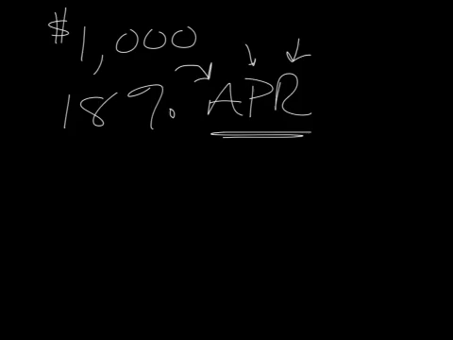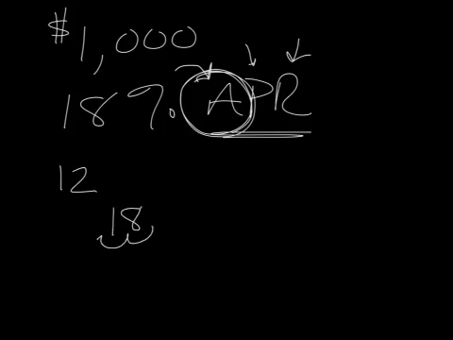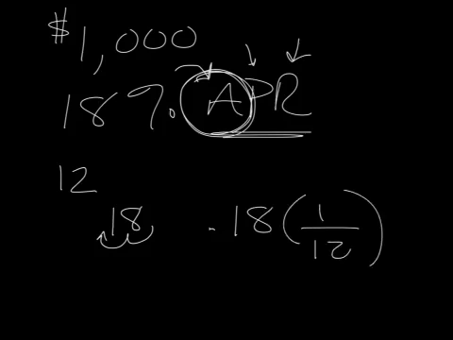If 18% is the annual, the yearly rate, you have to know how many months there are in a year. And there are 12 months in a year. So the way your book does it is it goes ahead and changes the percentages to decimals. So instead of 18, we move our decimal 2 places to the left and we use 0.18 and we multiply it by 1/12 because there are 12 months in a year.